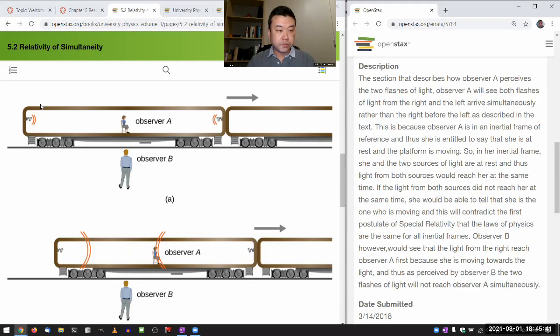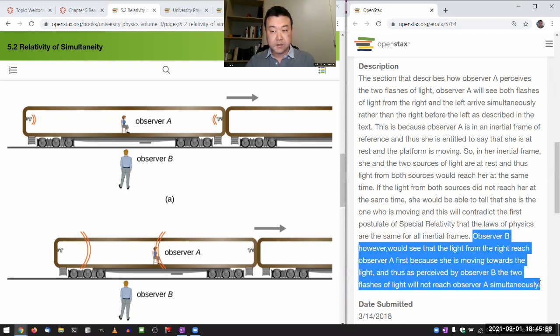So if these two flashes of light arrive at observer A at the same time in her reference frame, then that particular fact would be the same regardless of what other reference frame you are in. So this second part is just contradictory to the first part. If observer A sees these two lights at the same time, then observer B should also observe that these two flashes of light arrive at observer A at the same time.